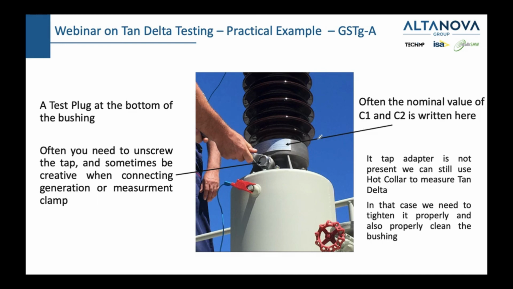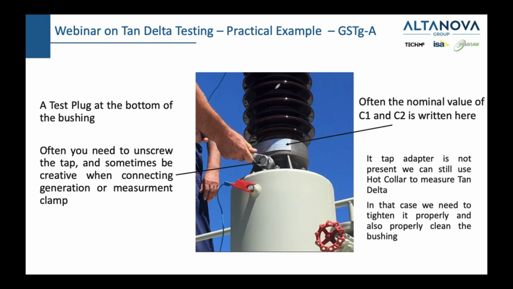Also, on this nameplate, you would see C1 and C2 written. As my colleague Simone mentioned in the morning, these numbers are the tan delta of the bushing which was measured in the factory. These numbers can sometimes differ because in the factory it was not mounted on this particular transformer, so they can be slightly different.